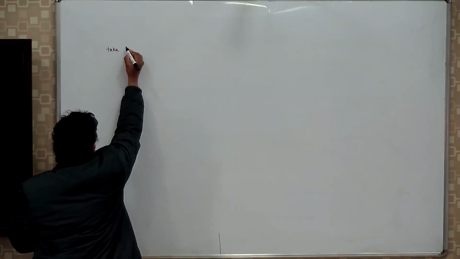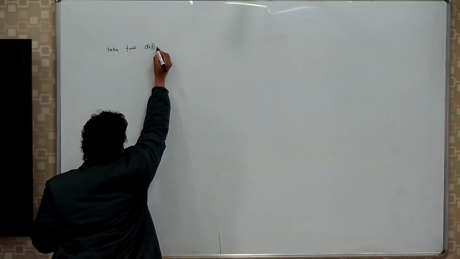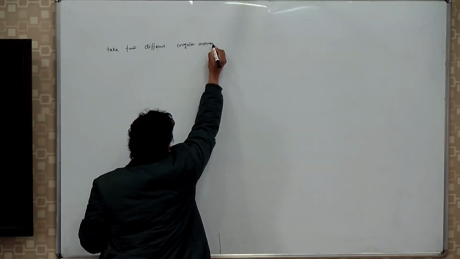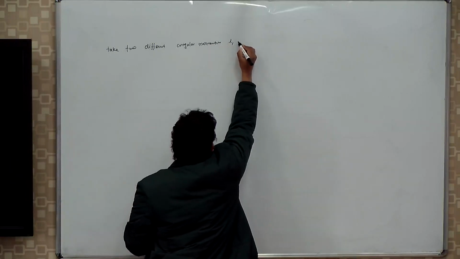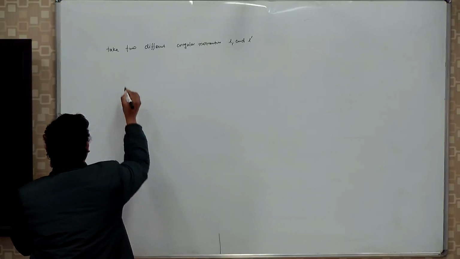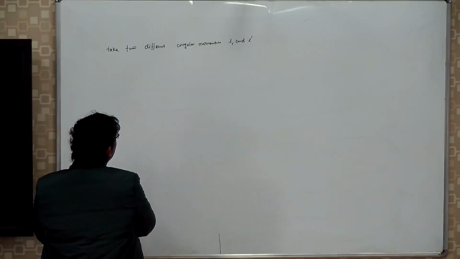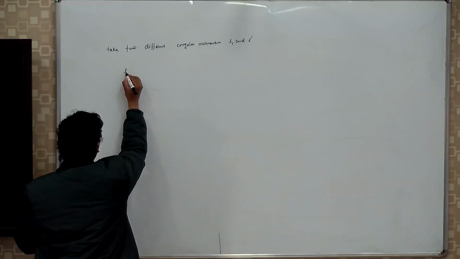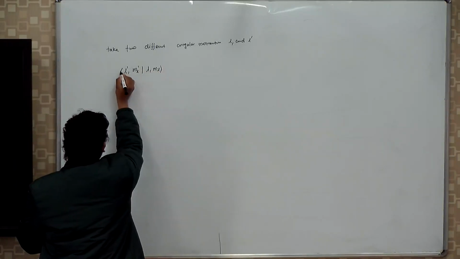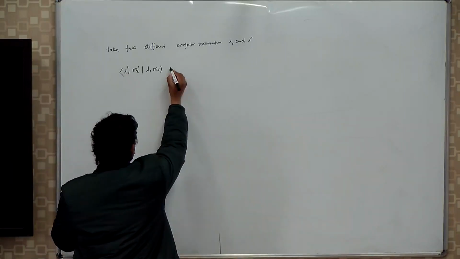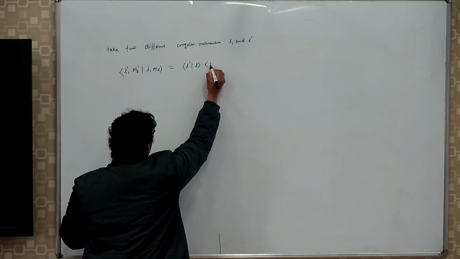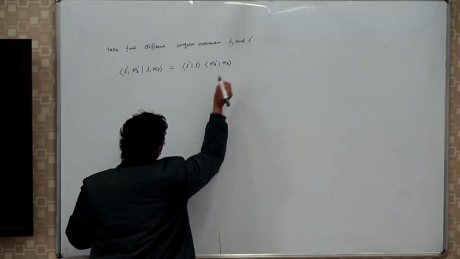Take two different angular momenta L and L dash and apply the orthogonality condition between them: <L dash, mL dash | L, mL> is nothing but the delta of L dash L and mL dash mL.